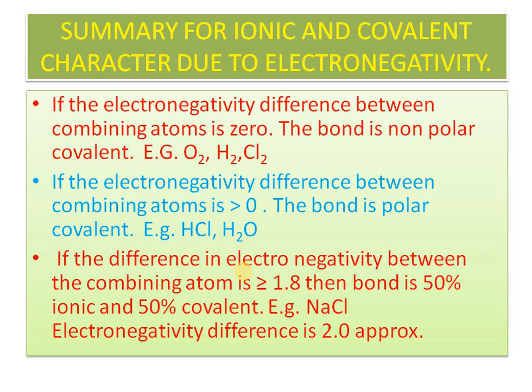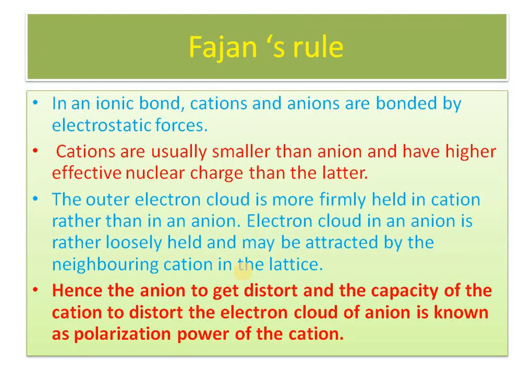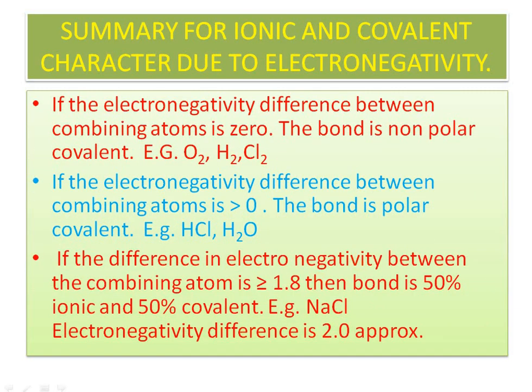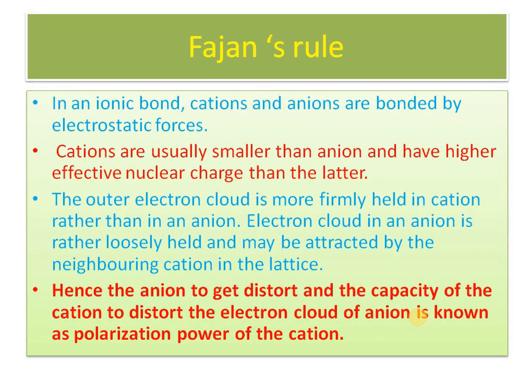So this way we can find out the ionic character of a compound by using the difference in electronegativity. Okay. Now if you take the sodium chloride case, the electronegativity difference is greater than 2. So greater than 2 means that will come under ionic character only.